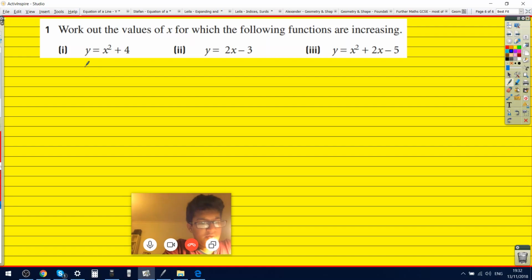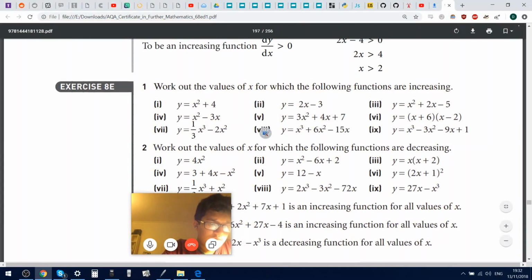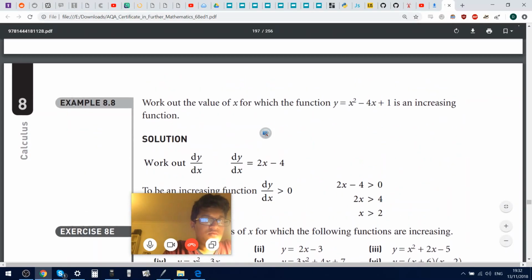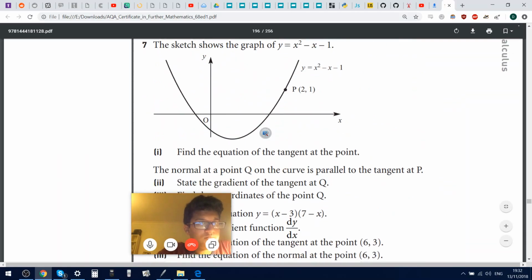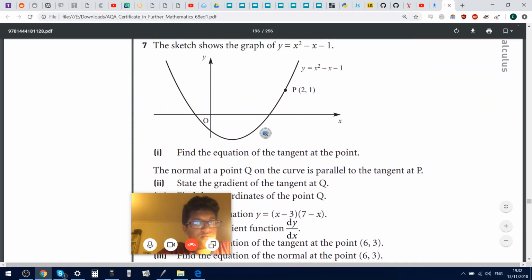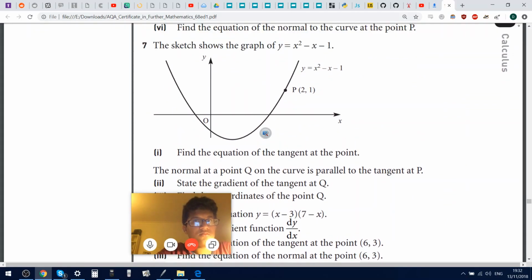What does it mean by increasing? So for this graph, on the right side, here the gradient is positive, here the gradient is also positive, but it's more positive to the right.